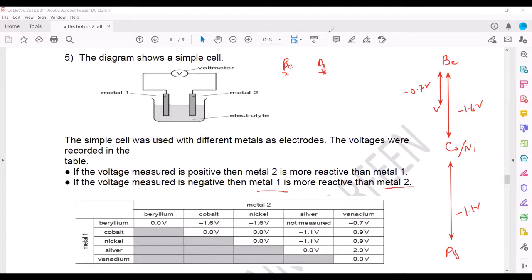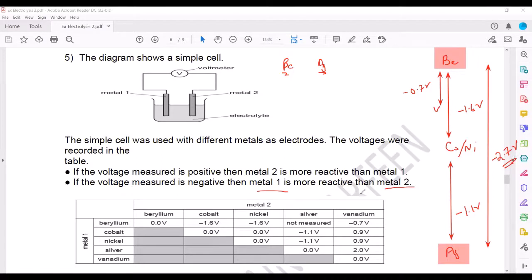So the question is, what is the voltage produced when beryllium is used with silver? Beryllium to silver: from beryllium to cobalt it is minus 1.6 and cobalt to silver it is minus 1.1. So the total voltage will be minus 2.7 volts.